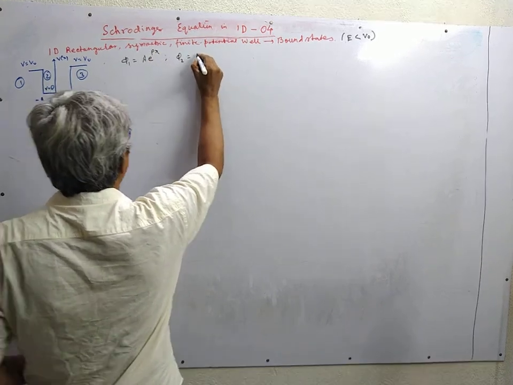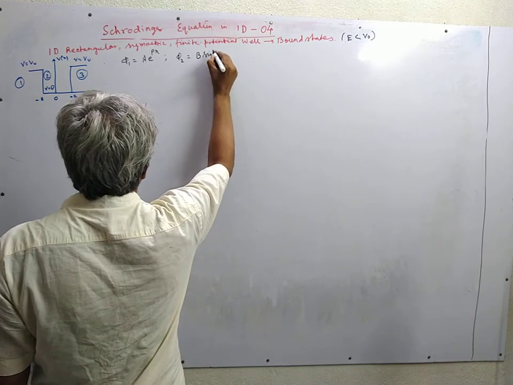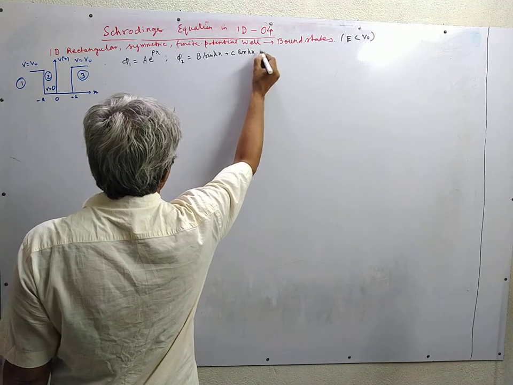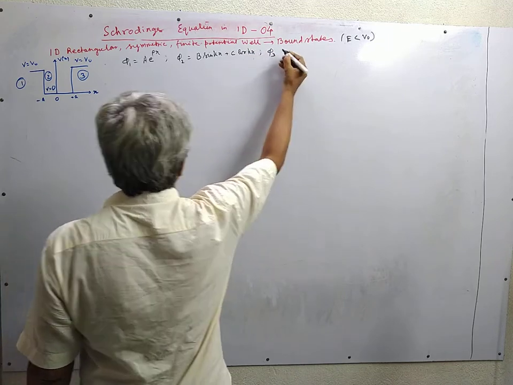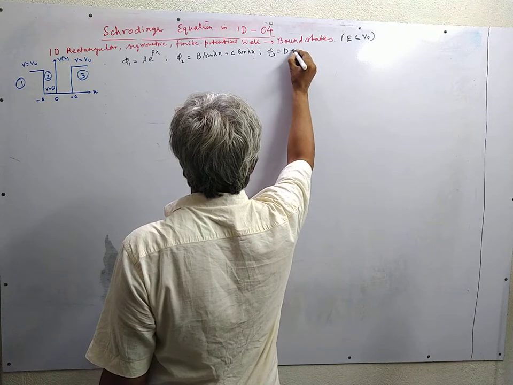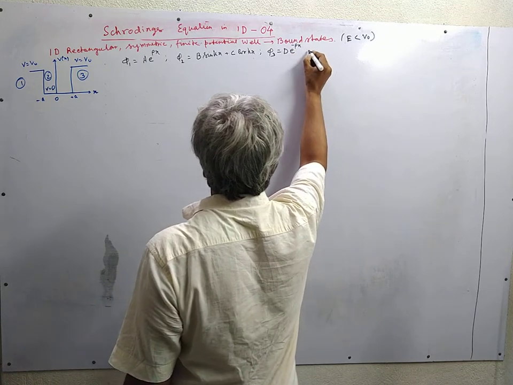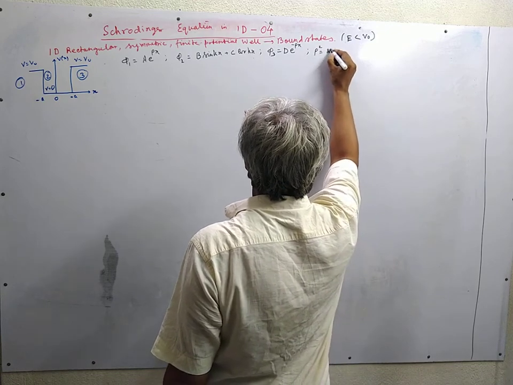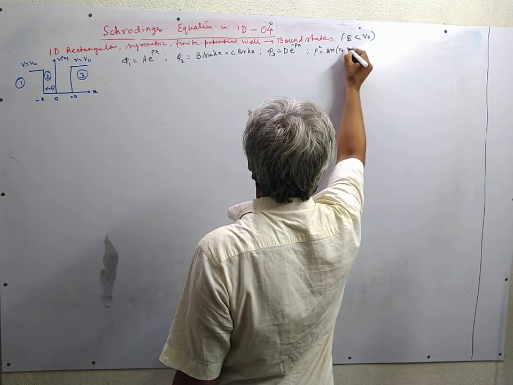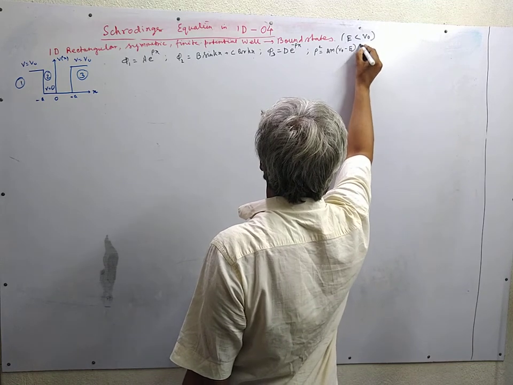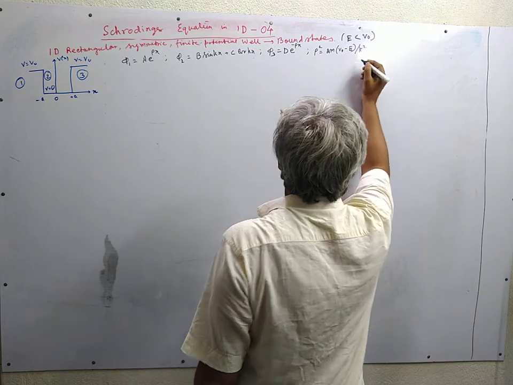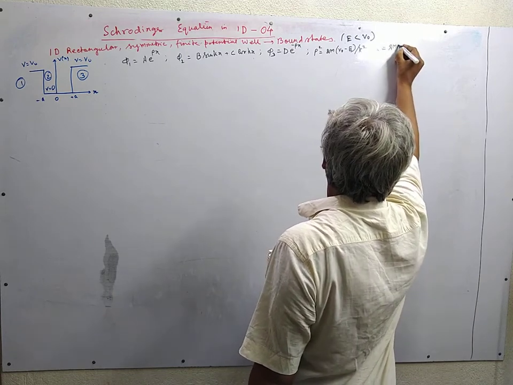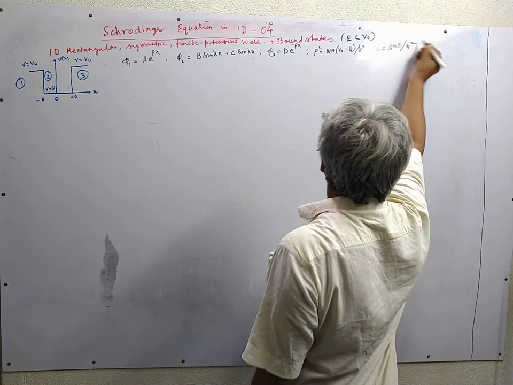Phi 2 is equal to B sin kx plus C cos kx. Phi 3 is equal to D e to the power minus rho x. Rho square is equal to twice m times V0 minus E by h bar square, and k square is equal to twice m E upon h bar square.